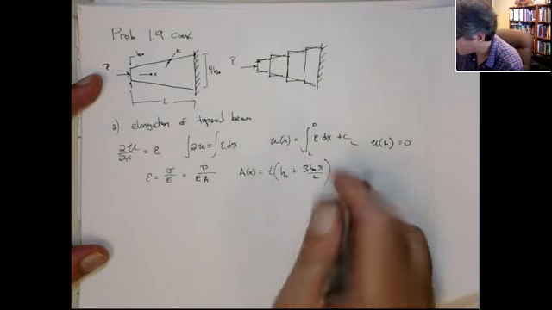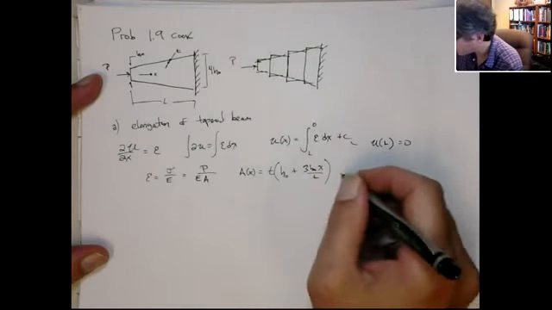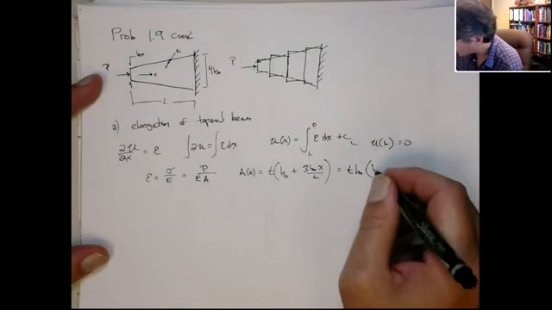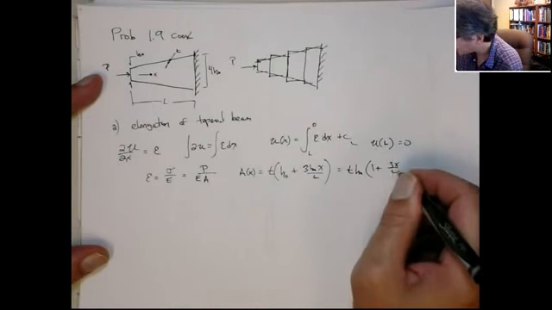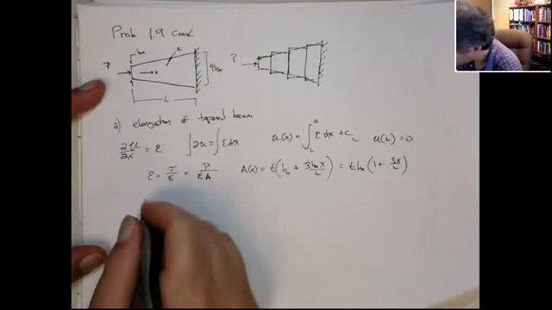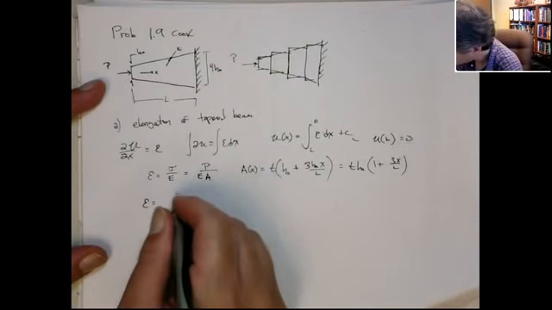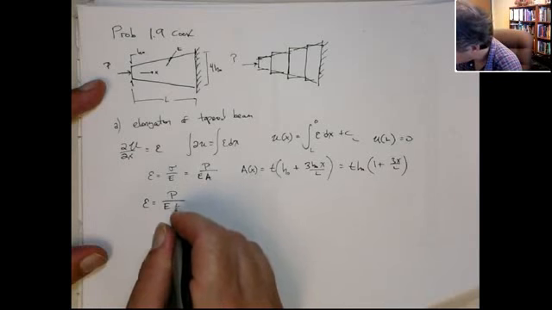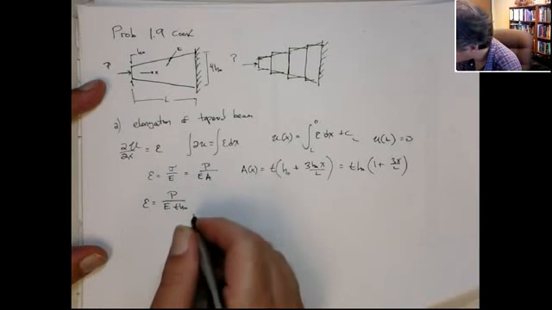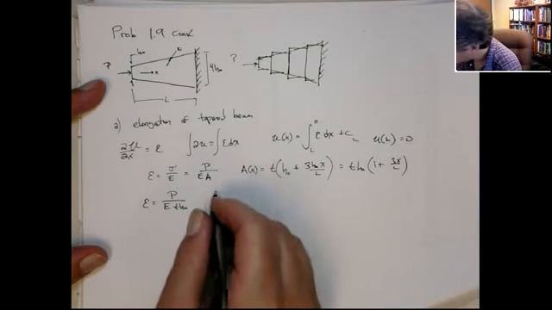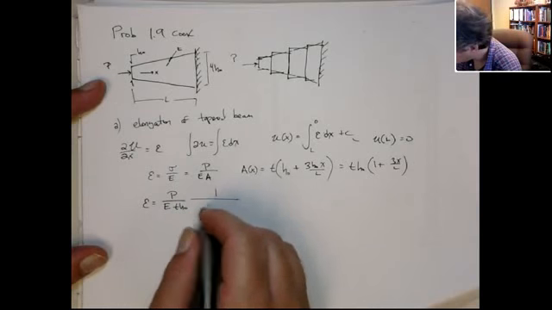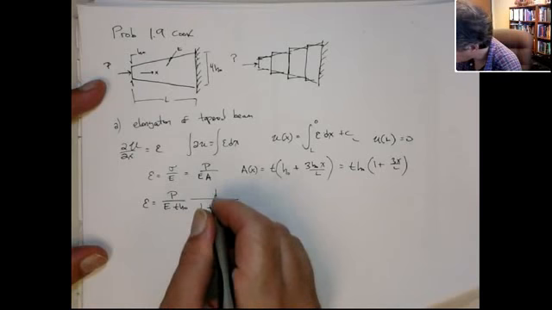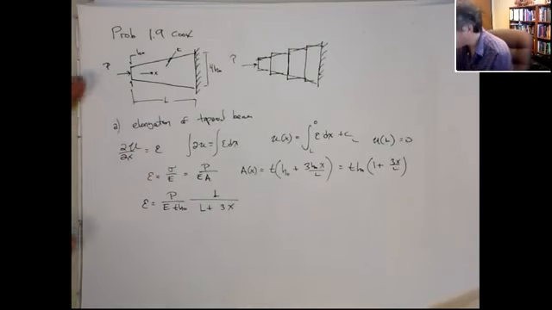You put x equal to L, you get 3h0 plus h0, 4h0. So t h0 (1 plus 3x on L). Okay, so that tells me that the strain is P on E t h0 times 1 over 1 plus 3x on L. Let's multiply by L so I get the following.